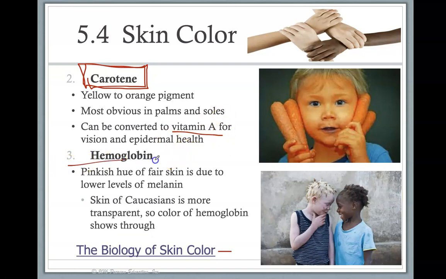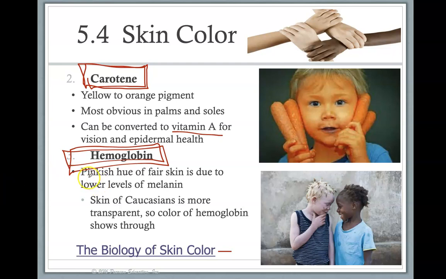And then hemoglobin is going to be your third, believe it or not, pigment that is going to impact skin color. And so hemoglobin, right, that's that protein that's going to carry oxygen throughout your blood. So again, when hemoglobin is full of oxygen, it's going to be reddish in coloration.